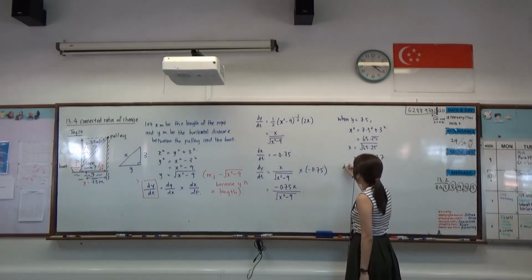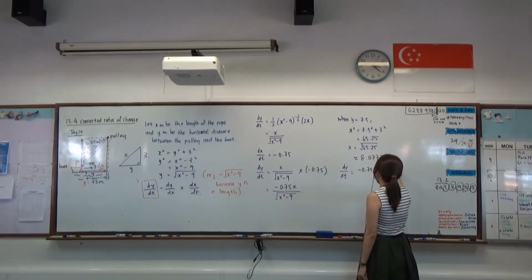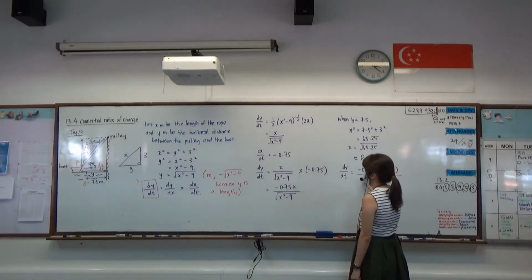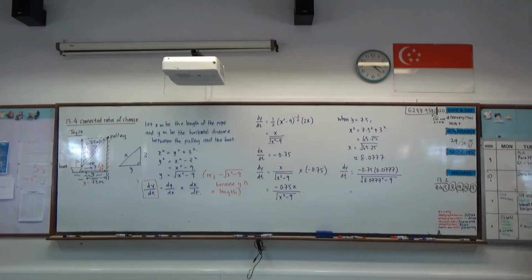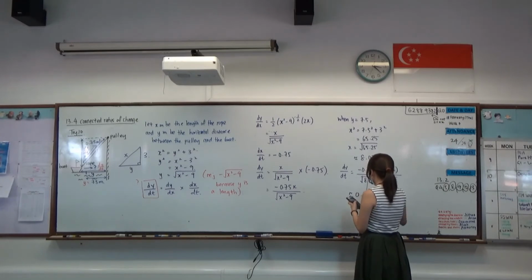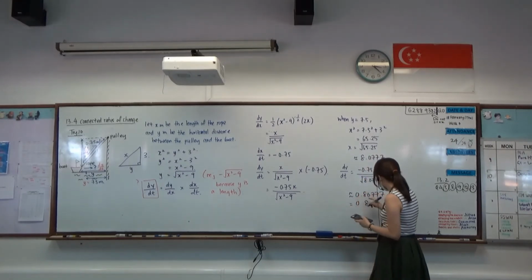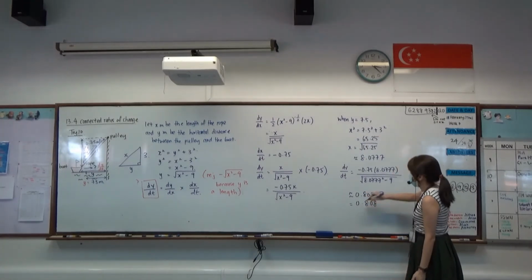So dy over dt, in 3 significant figures, would be negative 0.808.